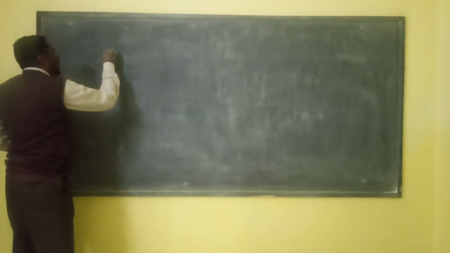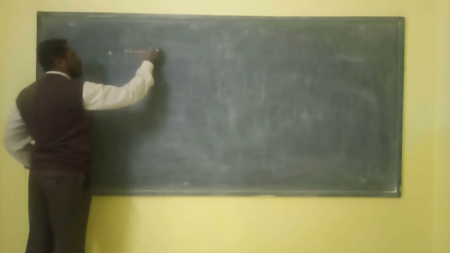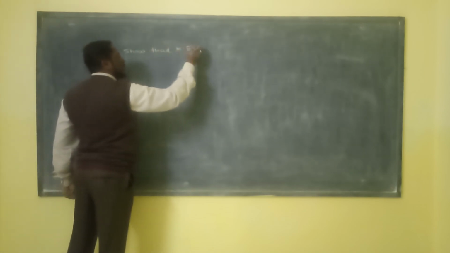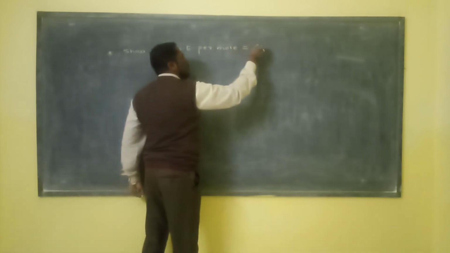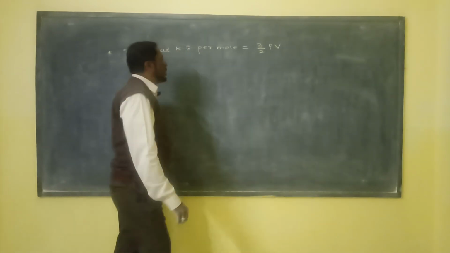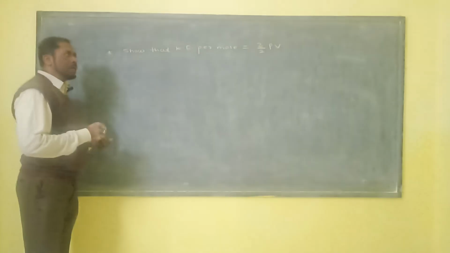Another important article: show that kinetic energy per mole is equal to 3 by 2 PV. So, kinetic energy per mole is equal to 3 by 2 PV. How to start?